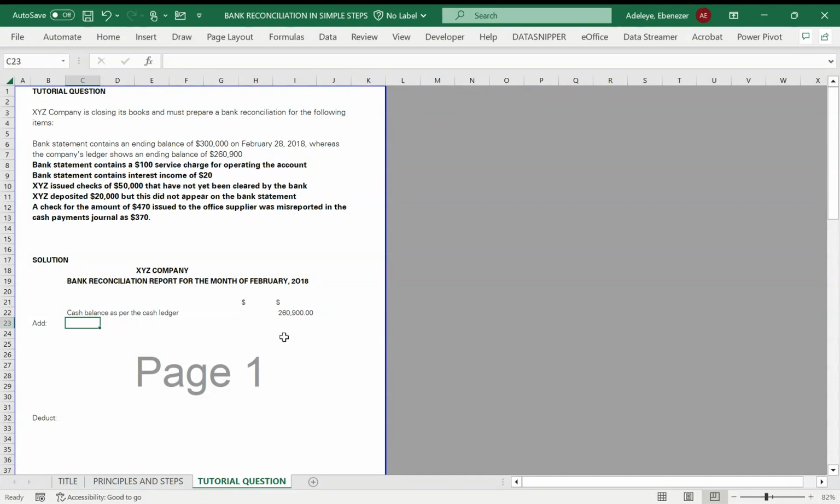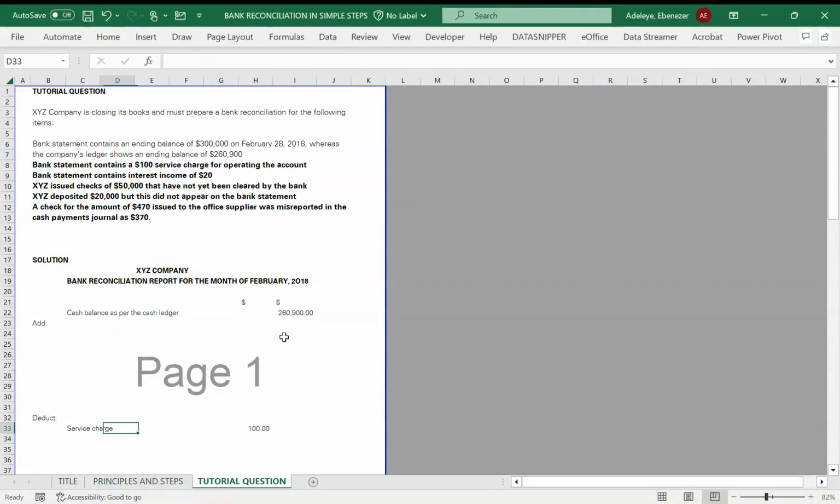That is a case of what the bank has deducted, but the company has not deducted. So we do what the bank has done and undo what we have done that the bank has not done. So we say deduct service charge. How much is that? $100.